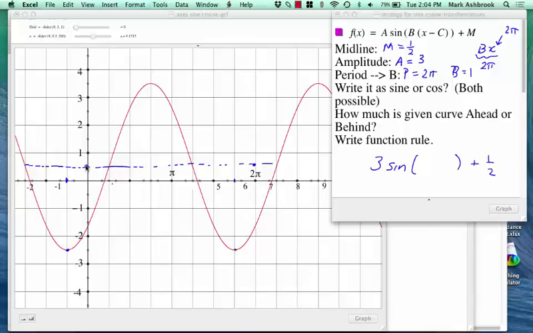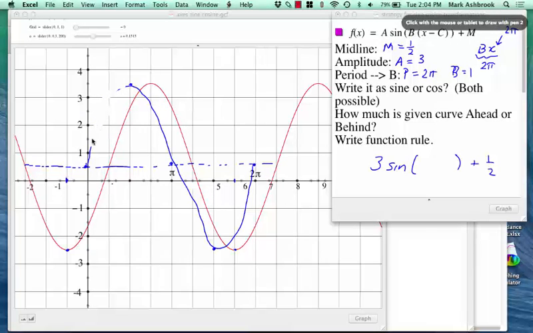The way I recommend that you do this is to sketch the sine curve without a shift. Which would be like this. And you were right to say on the midline. So it's going to be like this, this, this.